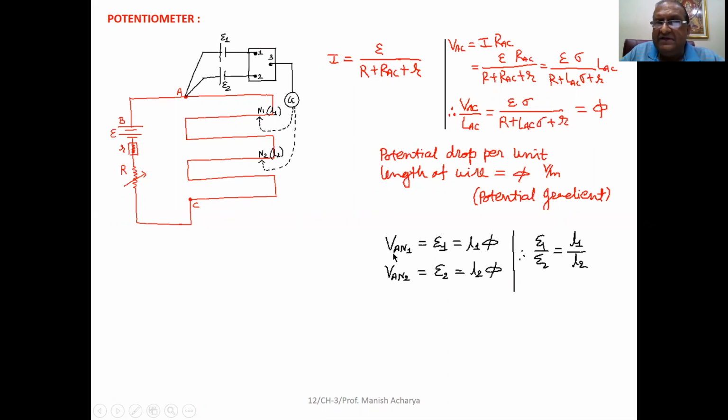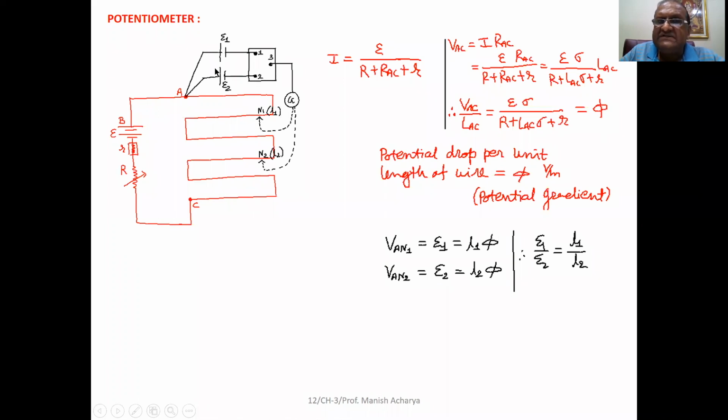So we can write the potential difference across A and 1 is equal to E1, which is equal to L1 into phi.